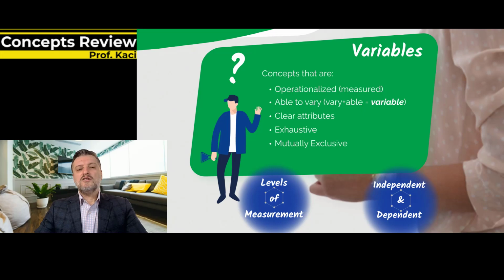In addition to being exhaustive, the attributes of a variable should be mutually exclusive. No respondent should be able to have 2 attributes simultaneously. Generally, this is easy, but while this might seem obvious, it is often rather tricky in practice.